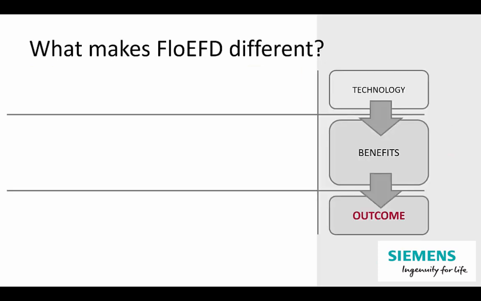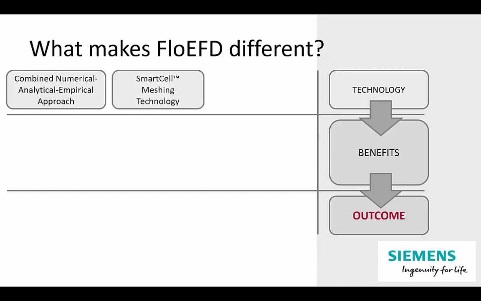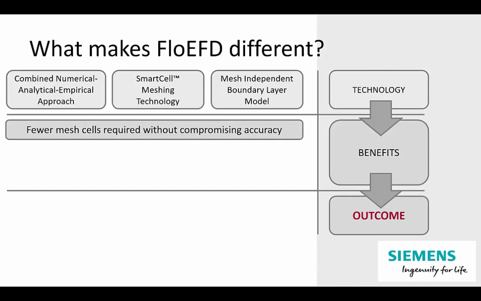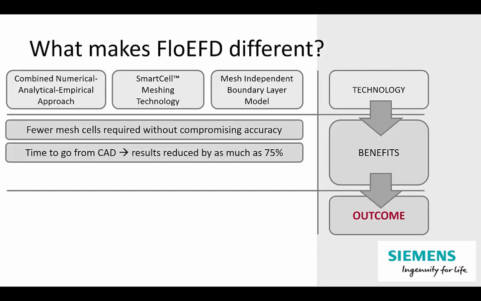So, to sum up, what is it that makes FlowEFD different? FlowEFD uses several different technologies, so the combined numerical, analytical, empirical approach. It uses smart cell meshing technology, and it uses a mesh-independent boundary layer model. The benefits of these technologies are that fewer mesh cells are required without compromising solution accuracy. It also means the time to go from CAD to results is significantly reduced by as much as 75%.